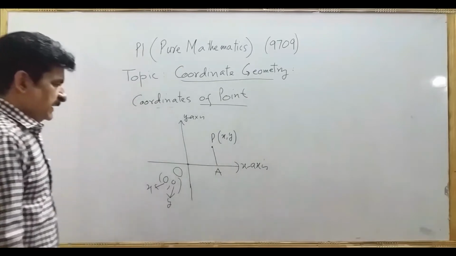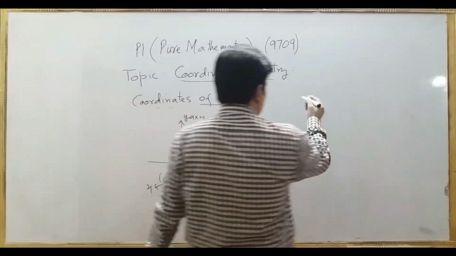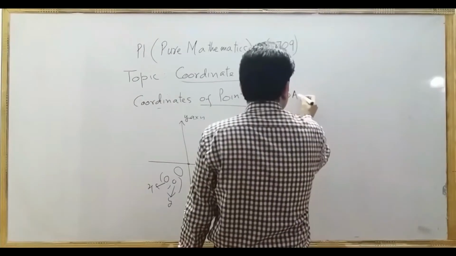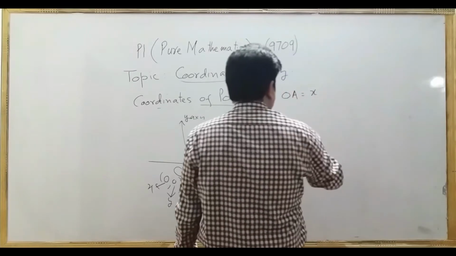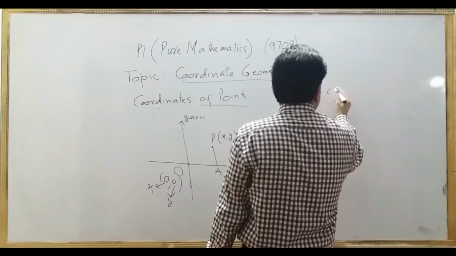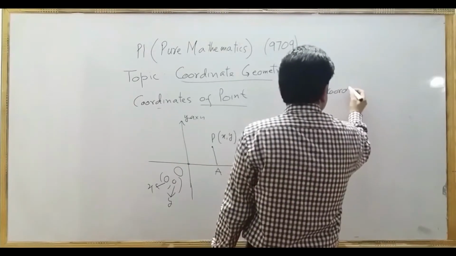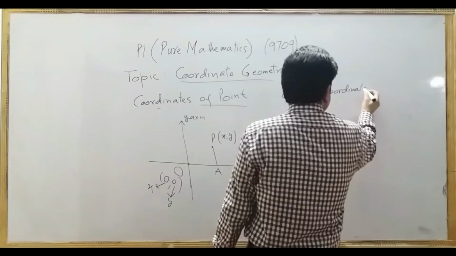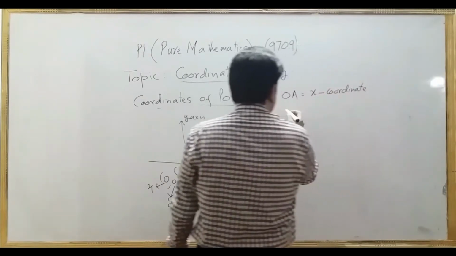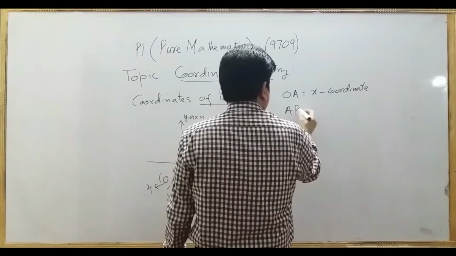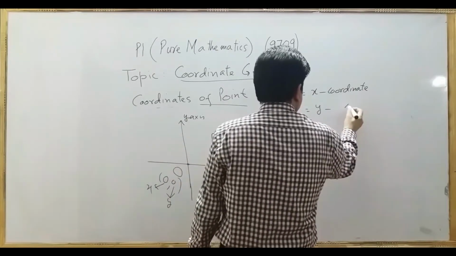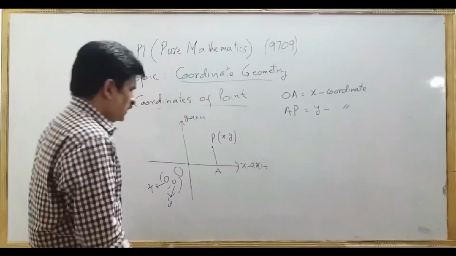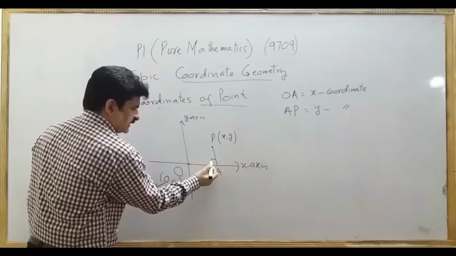Say this is point A. Then this OA is called x coordinate. AB is called y coordinate. This angle is 90.